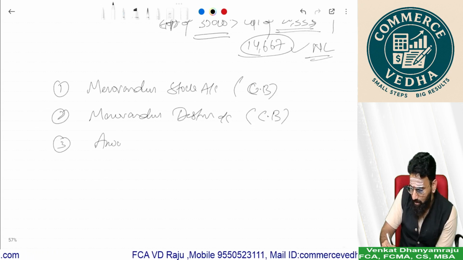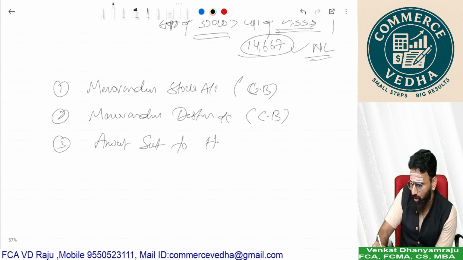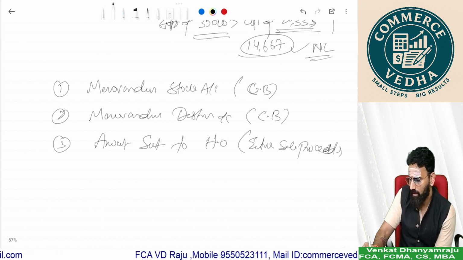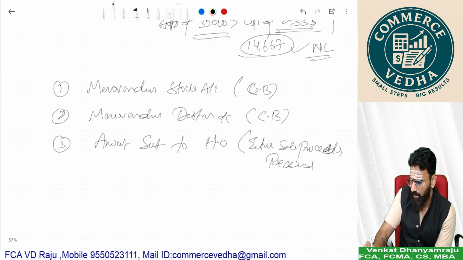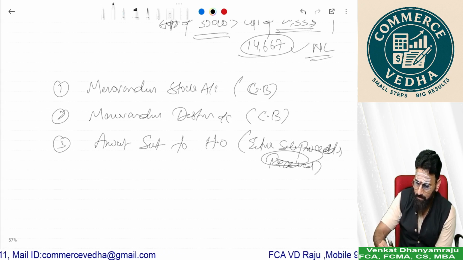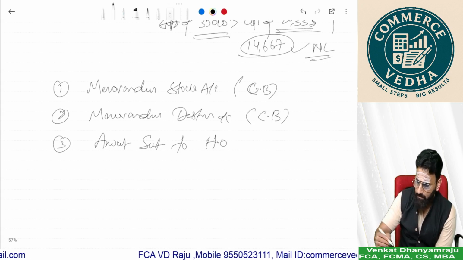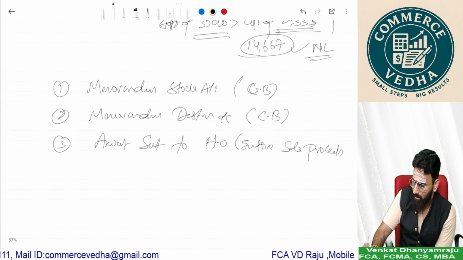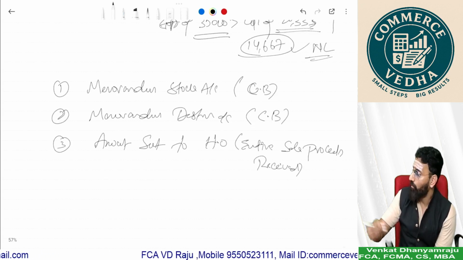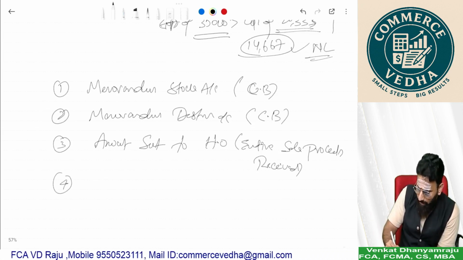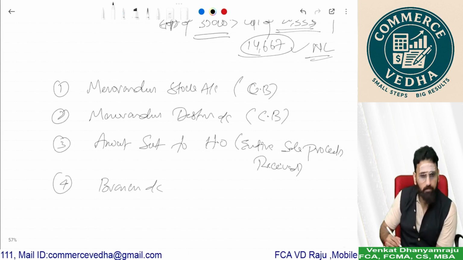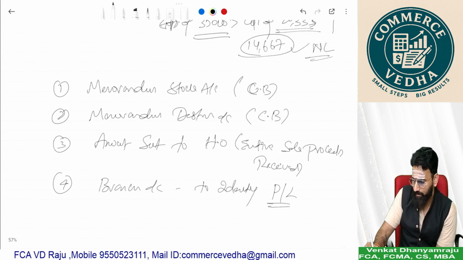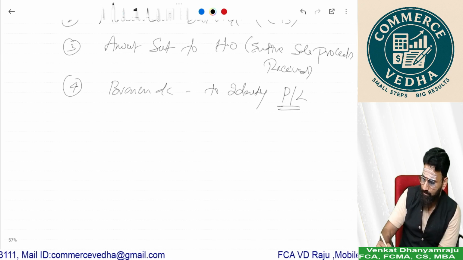The entire sale proceeds received were sent to HO, and then I prepared my branch account to identify profit or loss. Now one more account left is goods sent to branch account.